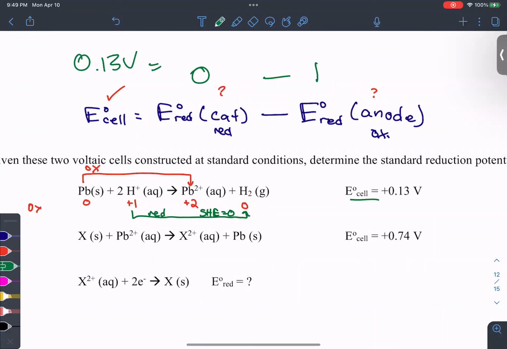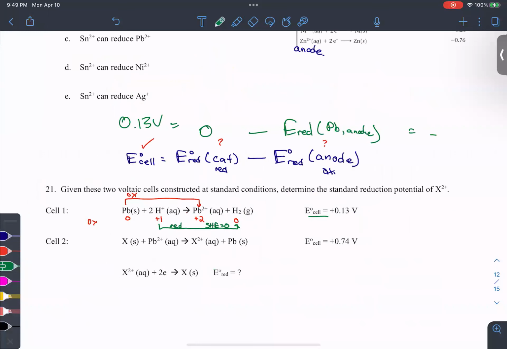Okay, so that means the reduction potential of lead, which is our anode, is whatever that math turns out to be. What is it? Negative 0.13. Oh no, sorry. How do I want to say this? The reduction potential of lead is equal to negative 0.13 volts.